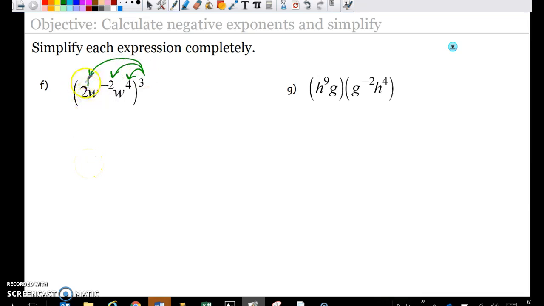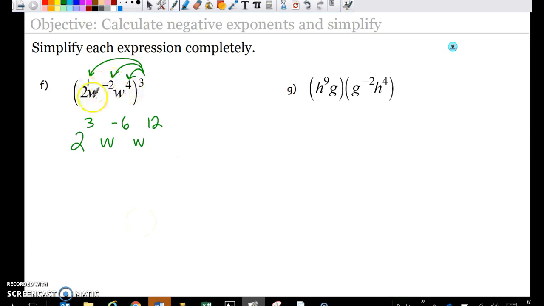A lot of my students will forget to raise this 2 to that 3rd power as well. So my expression becomes 2 to the 3rd, because 1 times 3 is 3. Negative 2 times a positive 3 would be w to the negative 6th. 4 to the 3rd. 4 times 3 is 12.